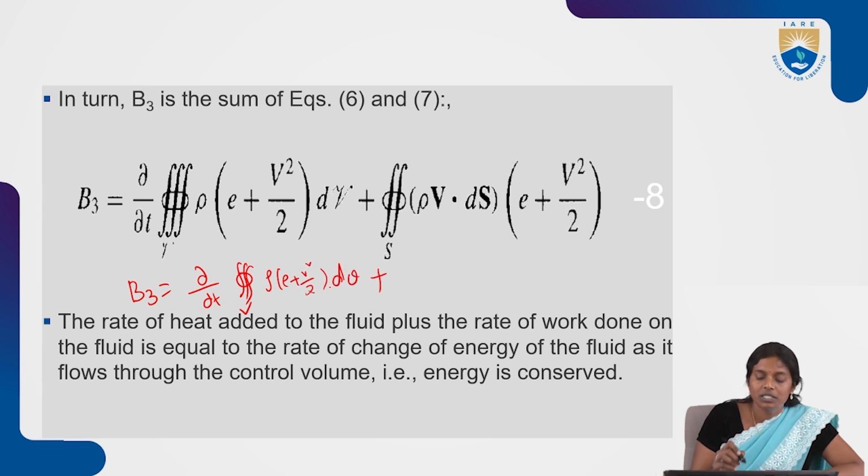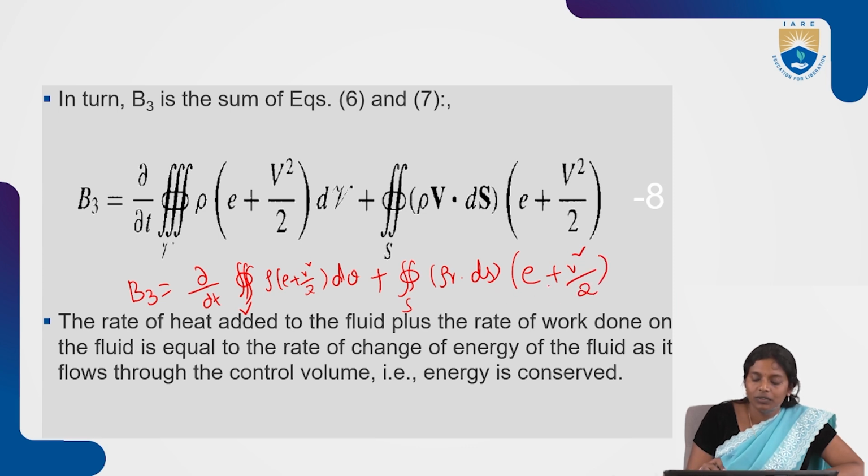So that is the rate of change of energy due to unsteadiness. Then the surface integral of the energies: rho V dS into e plus V square by 2.